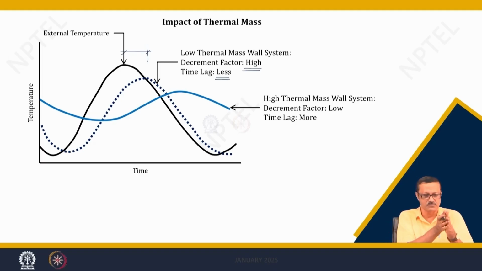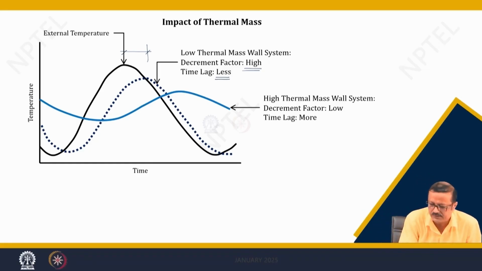So, the movement or conductance of heat from the outside to inside will take time, number 1, and number 2, the amplitude in the indoor will be much less compared to the outdoor. So, here the decrement factor will be low, very close to 1 or something like that, and the time lag is more.